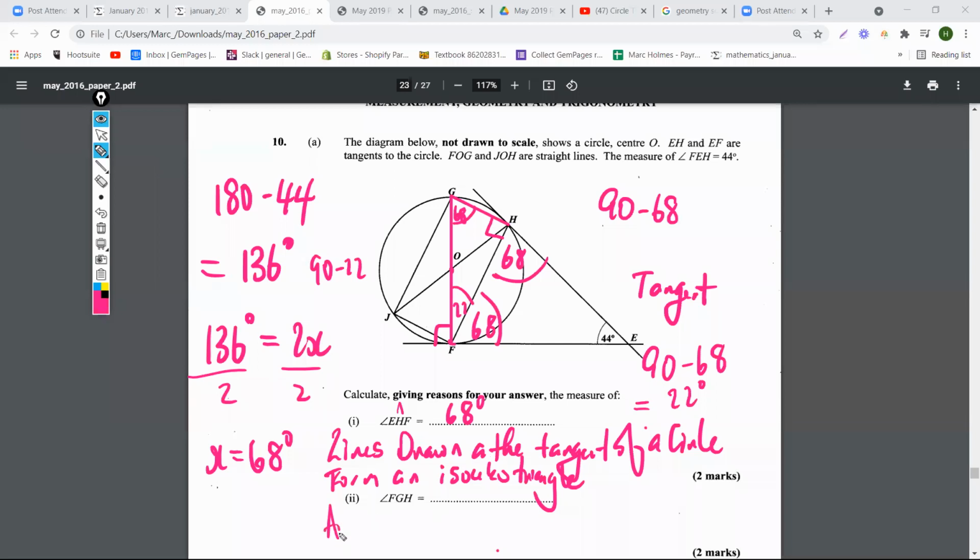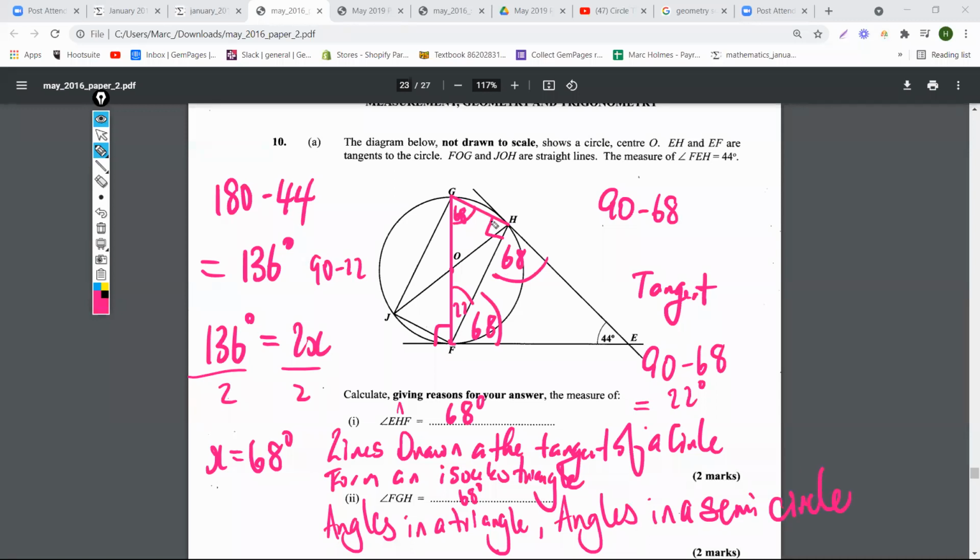And my reason for my answer would be angles in a triangle, and angles in a semicircle, because that would give me the 90 degrees here, and then angles in a triangle.